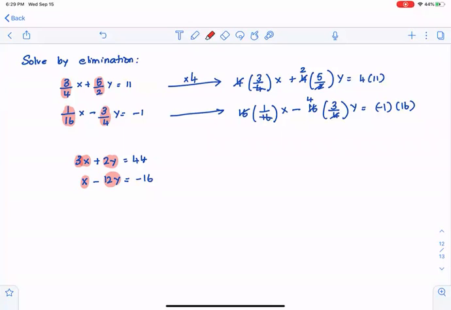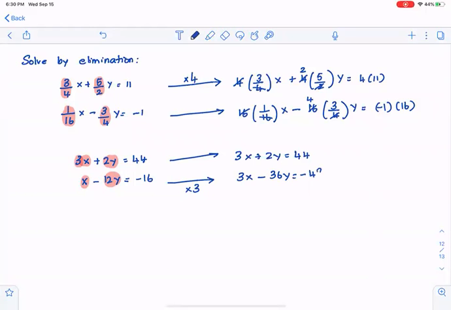Now, between x and y, it seems like getting rid of x is a better idea. I'm going to keep the first equation as is. Second equation, I'm going to multiply by 3. So 3x minus 36y, 12 times 3, would be equal to negative 48.